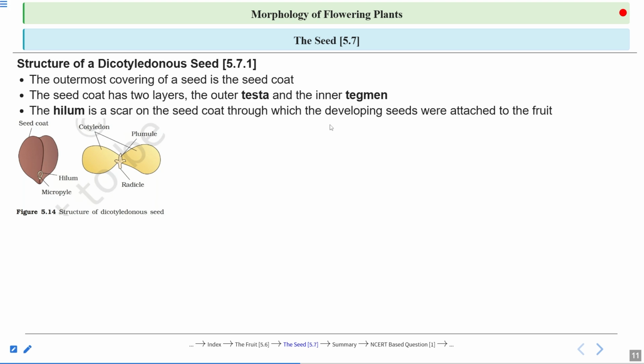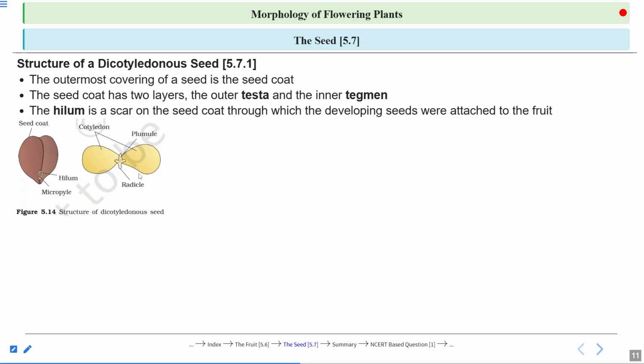But they get very tightly fused together. So there is a micropyle, and in the seed you can see this region showing the micropyle.